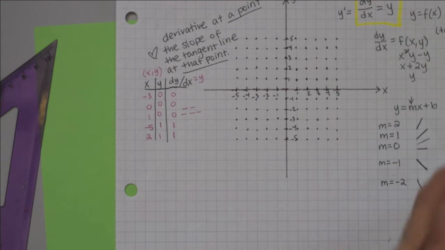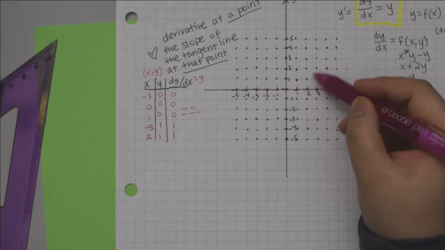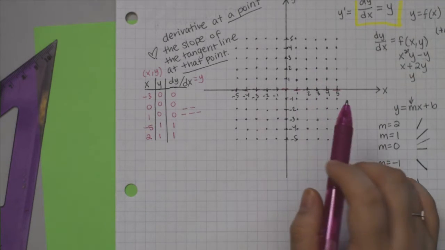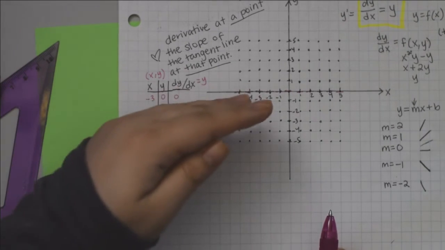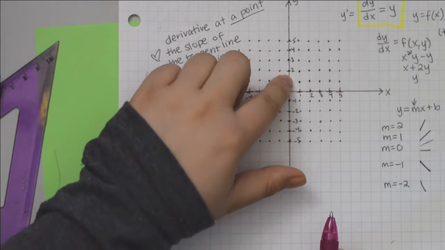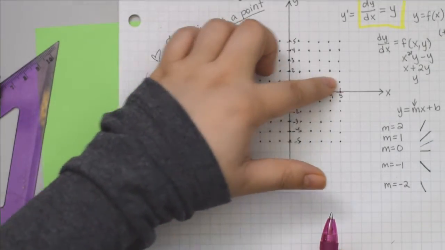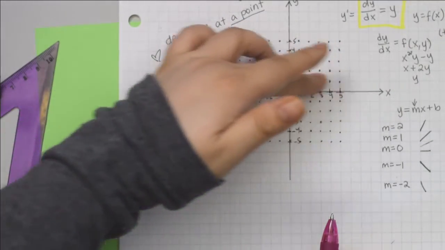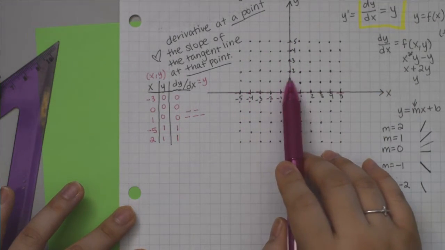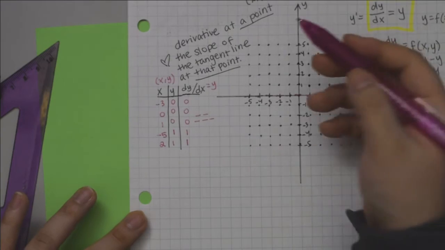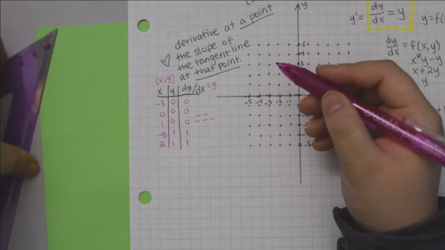So that means it's going to be upwards at maybe a 45 degree angle in this case, right? And at any point where y equals 1, the y coordinate is 1 anywhere along this horizontal line, right? So in all of these points here, when y equals 1, the slope is going to be 1.